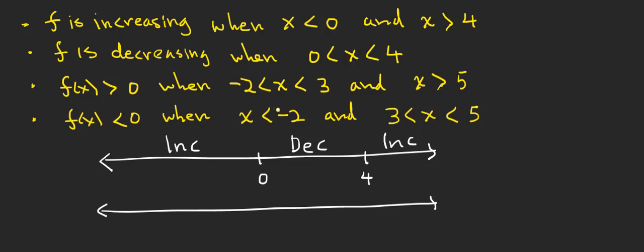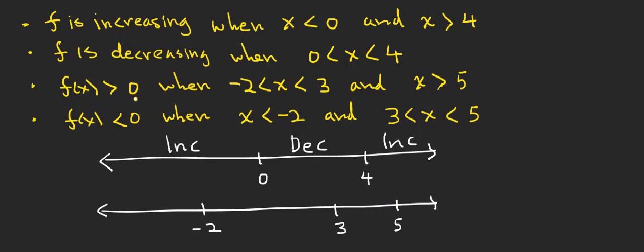Now let's talk about when f of x is above or below the x-axis. Well, it says f of x is greater than 0, which means above the x-axis, when x is between -2 and 3. Again, make sure to draw in order: -2, 0, 3, and 4. And then we have 5.